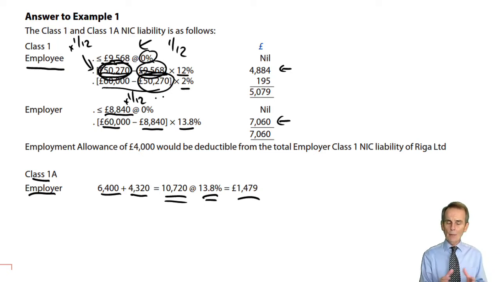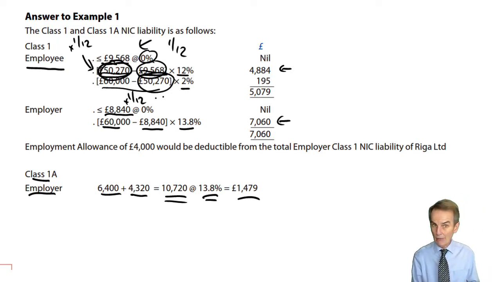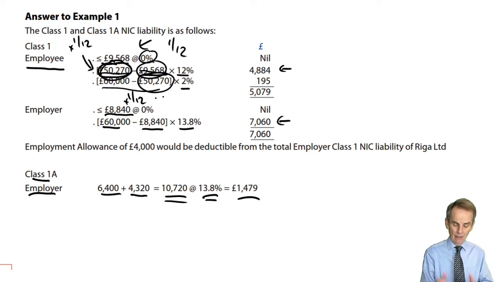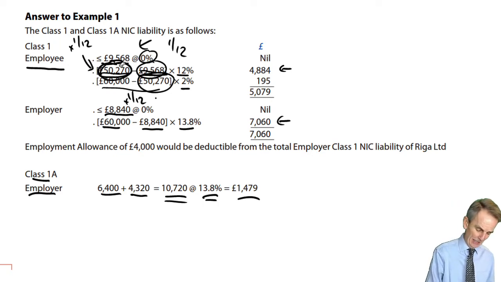So we must time apportion based on the earnings period, which for a salary earner is going to be on a monthly basis. If it's 1 month, 1/12 of those numbers. 6 months, 6/12, 3 months, 3/12, accordingly. Substitute in the numbers that you've seen in this calculation.